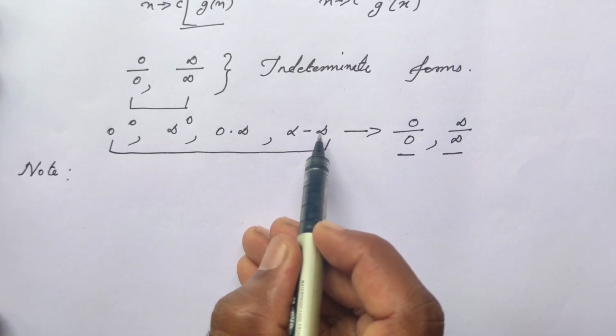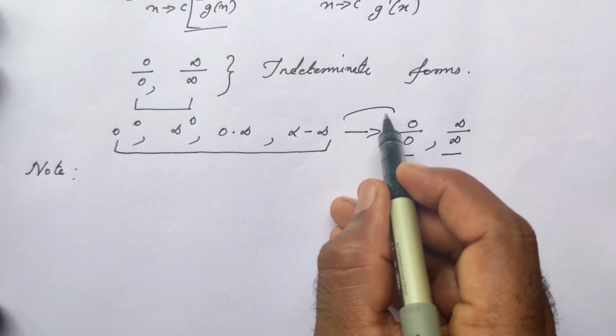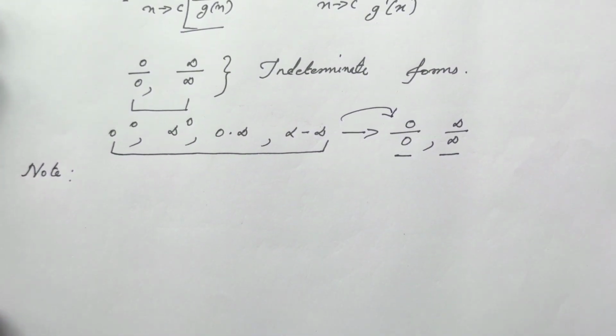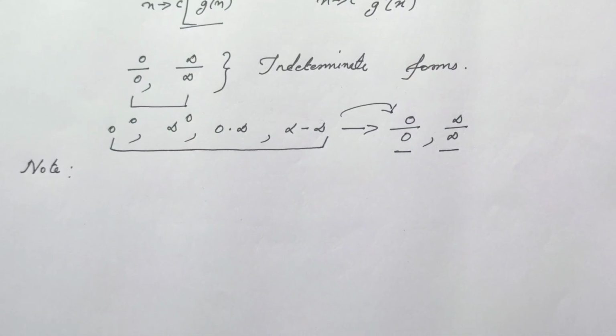These forms also arise in the computation of limits, and they should be converted so that we are eligible to apply L'Hospital rule to calculate the limit of the indeterminate forms.